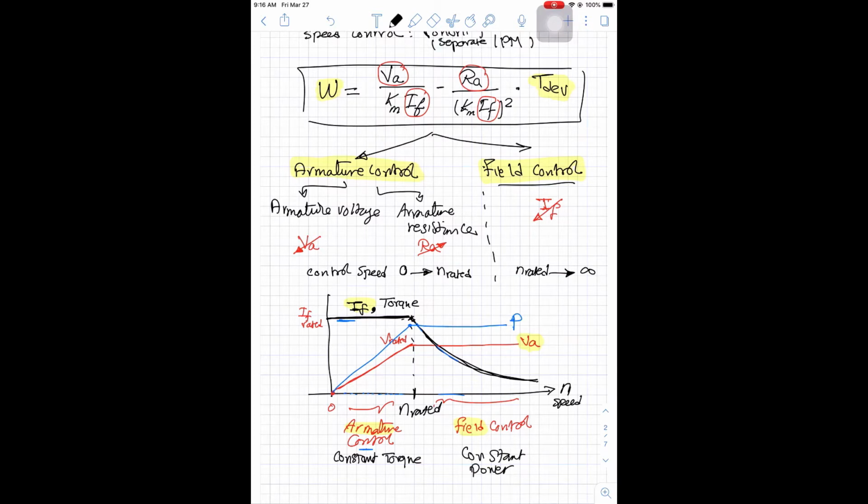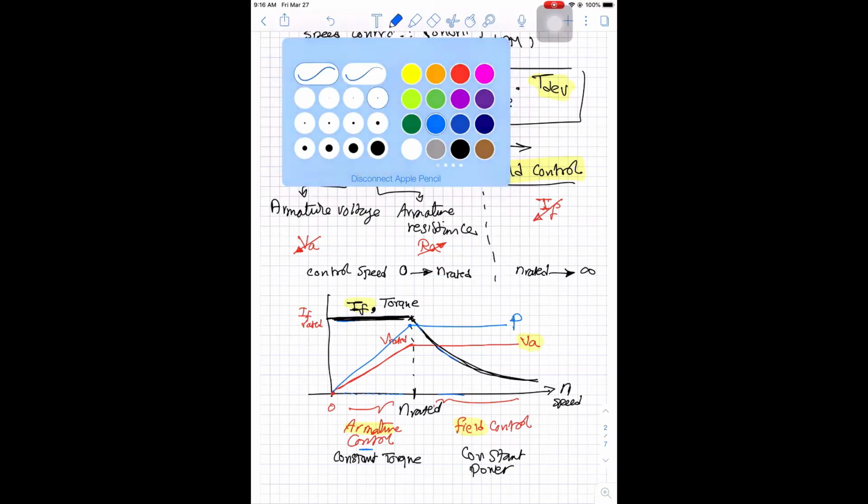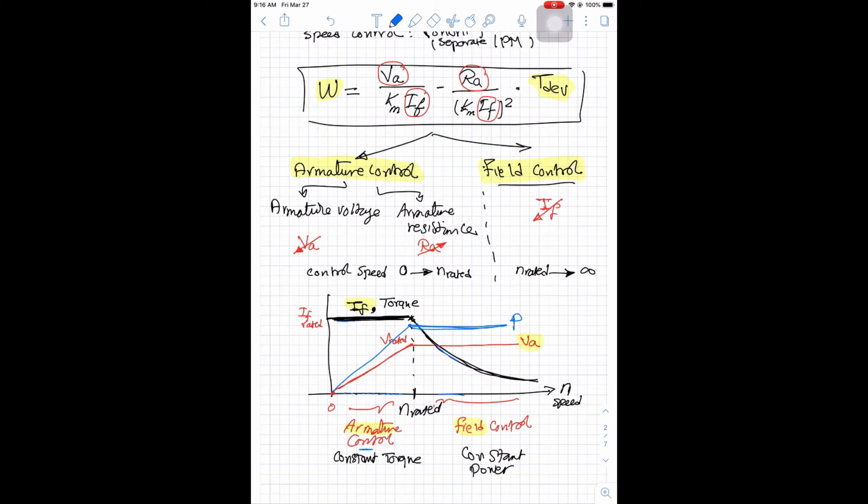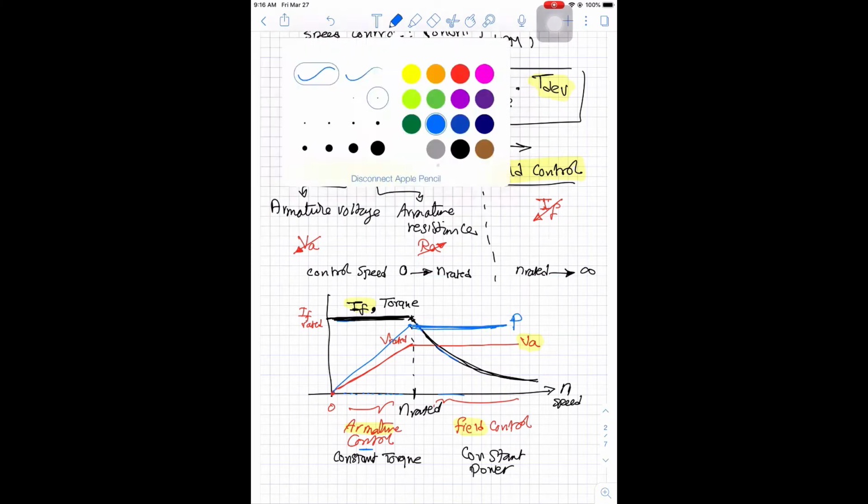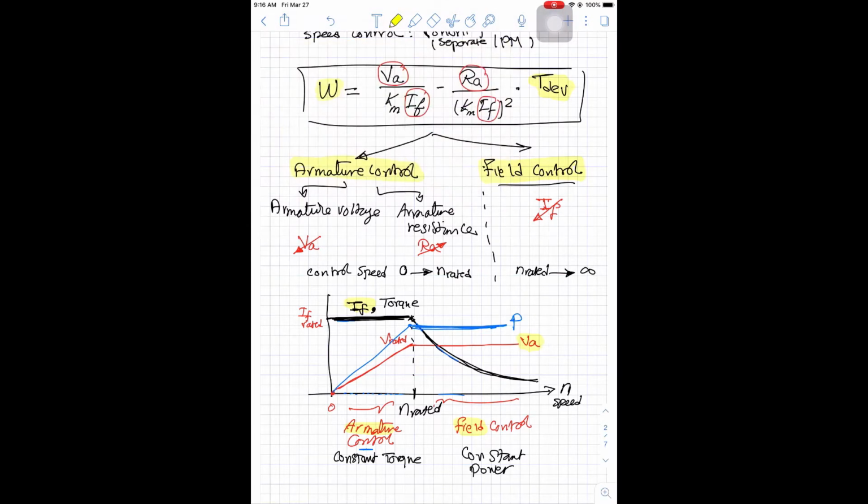So you can see here that the torque is constant in armature control, while the power is constant in field control. So we can give the name of constant torque to the armature control, and we give the constant power name to the field control.